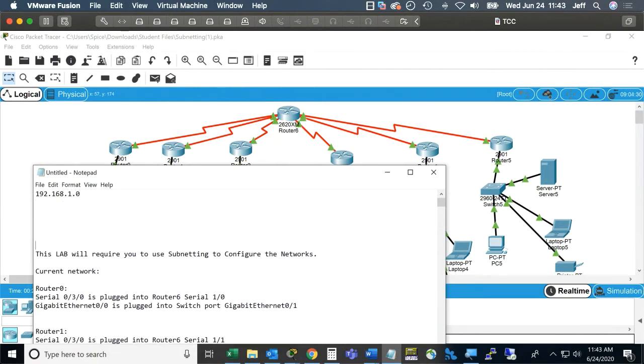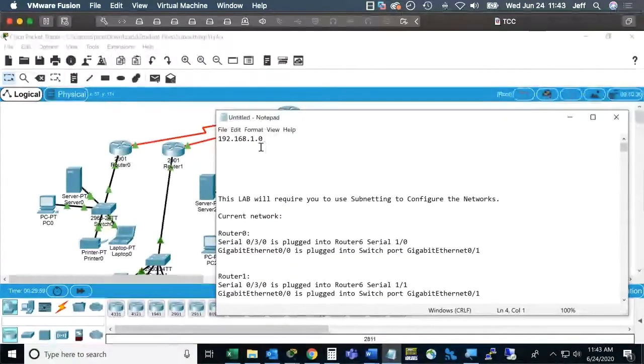192.168.1.0. All right, so that was our network start. And our subnet mask, 255.255.255.0, right? Because it's a Class C, the first 3 octets or 24 bits are taken for the network.